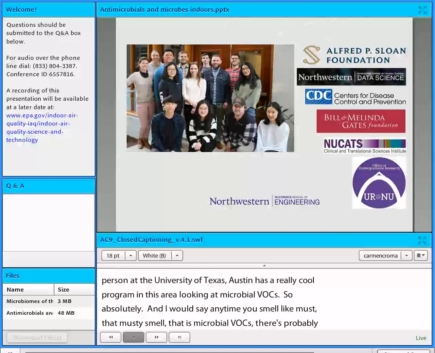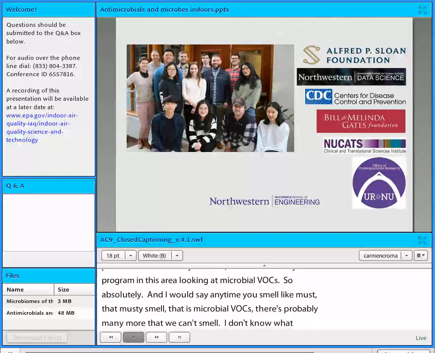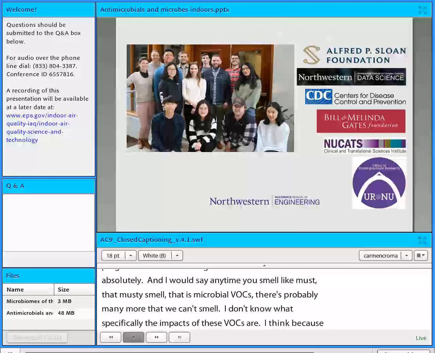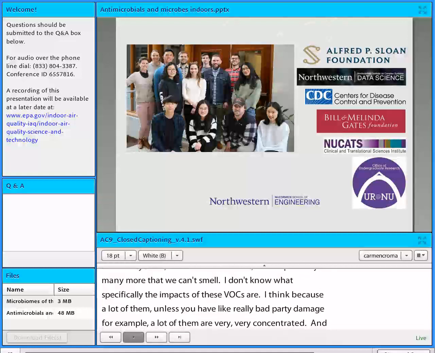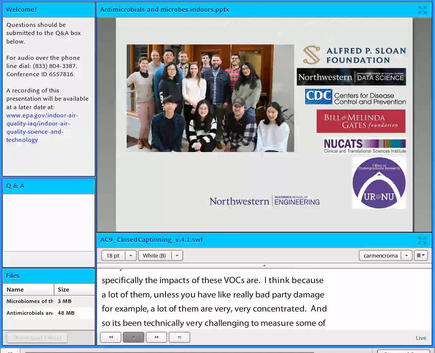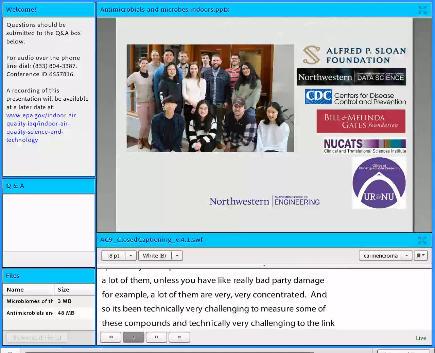I don't know what specifically the impacts of these VOCs are. I think because a lot of them, unless you have really bad water damage, for example, are very, very weakly concentrated. And so it's been technically very challenging to measure some of these compounds, and technically very challenging to link, for example, specific compounds with specific microbes.